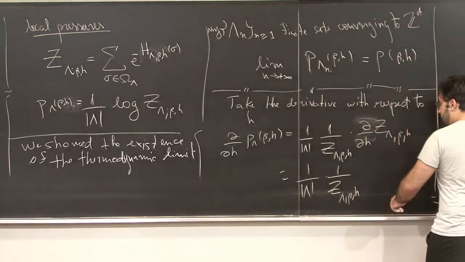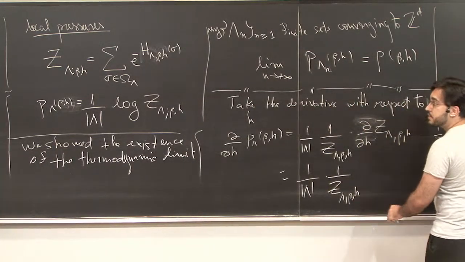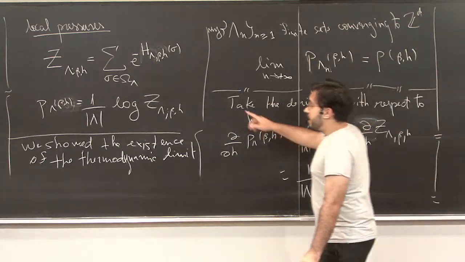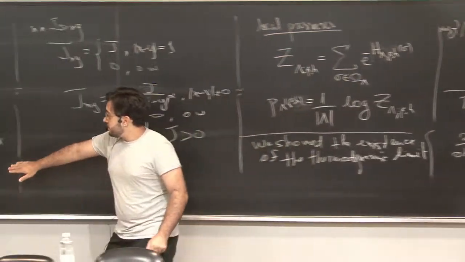By taking the derivative with respect to h, the Hamiltonian is something like this.